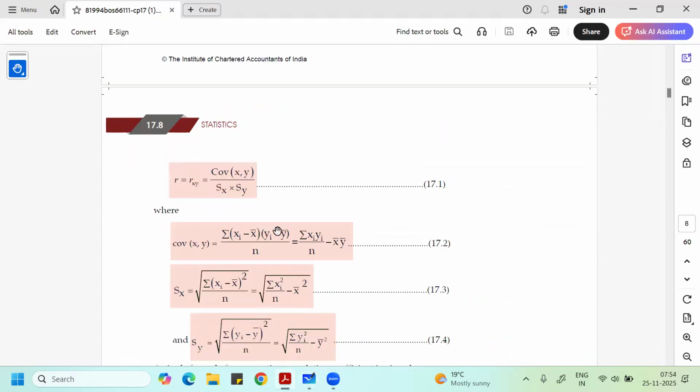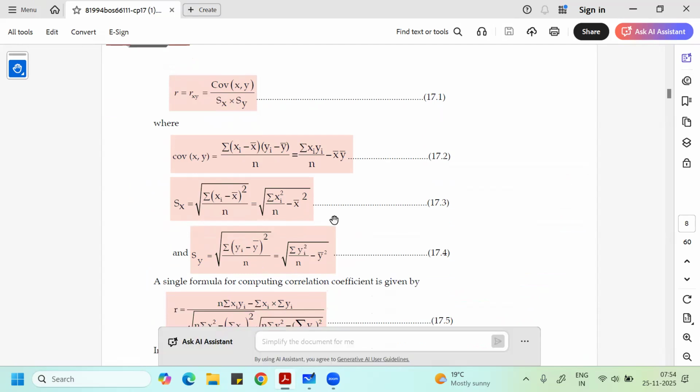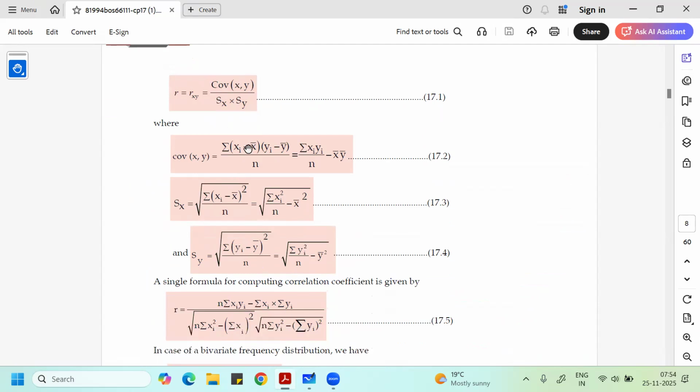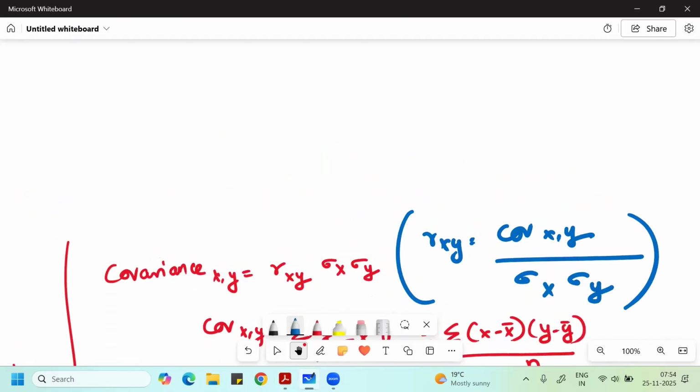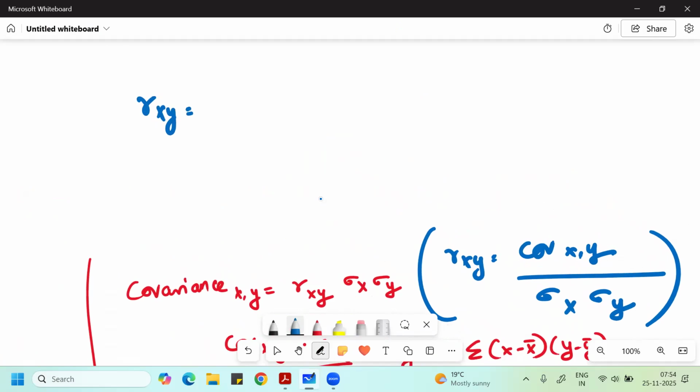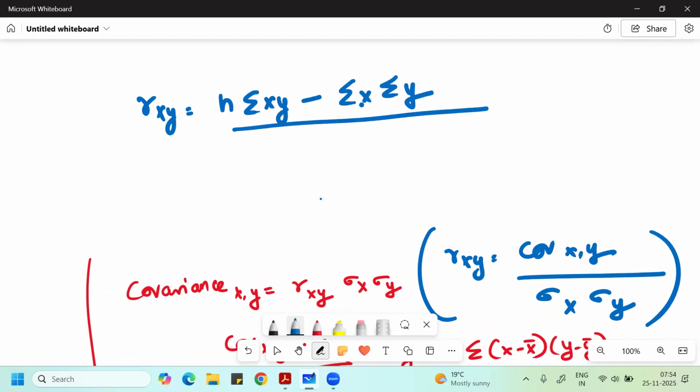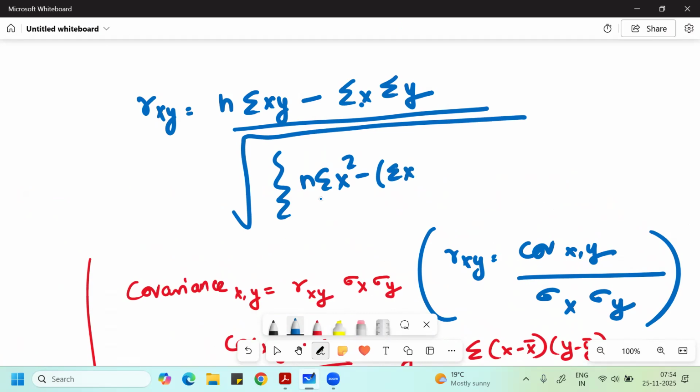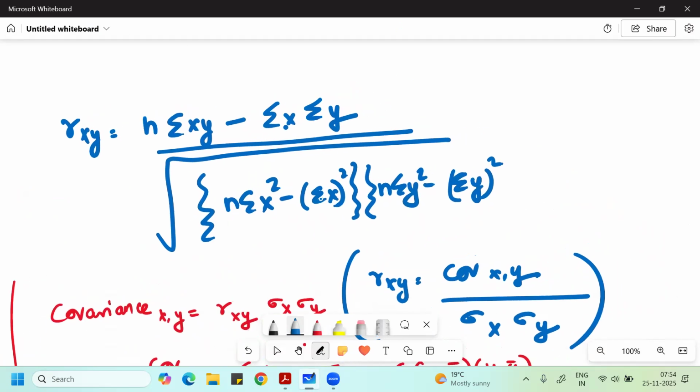So these formulas I told you are already written here, and by putting the covariance formula in the numerator and the standard deviation formulas in the denominator, you get the r formula. r of xy is n summation of xy minus summation of x into summation of y, divided by the square root of n summation of x square minus summation of x whole square, then n summation of y square minus summation of y whole square.